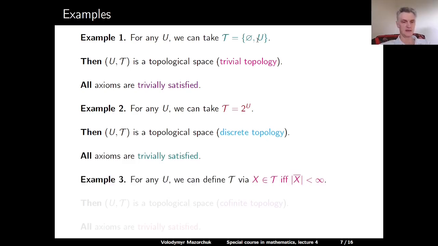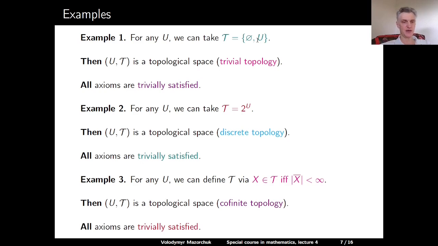And the third example, a less trivial example: for any set U, we can define the topology T on U as follows. We declare that a subset X of U belongs to T if and only if X is empty or its complement has finitely many elements. Then we get a topological space, which is usually called the space with cofinite topology on U. And again, all axioms are satisfied.